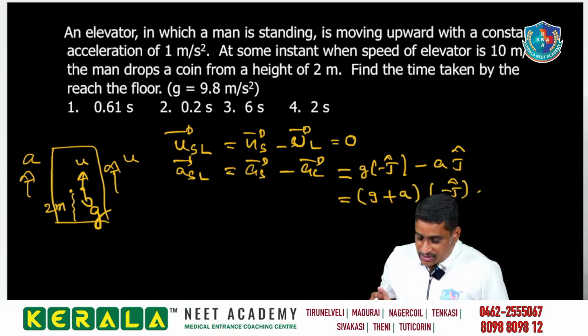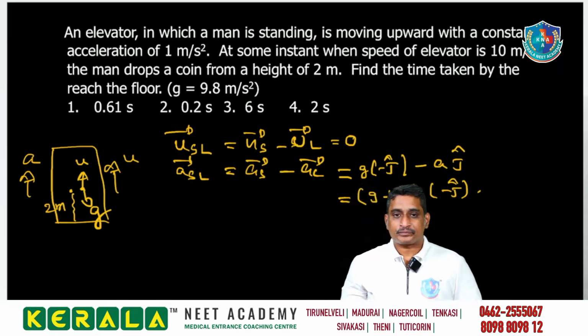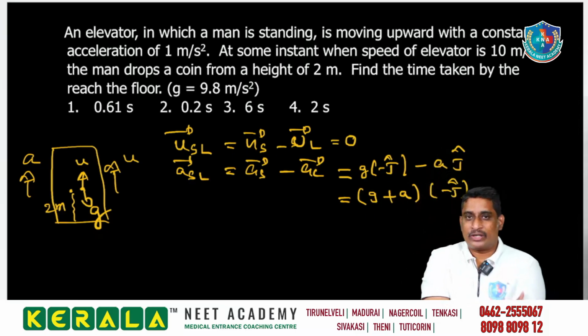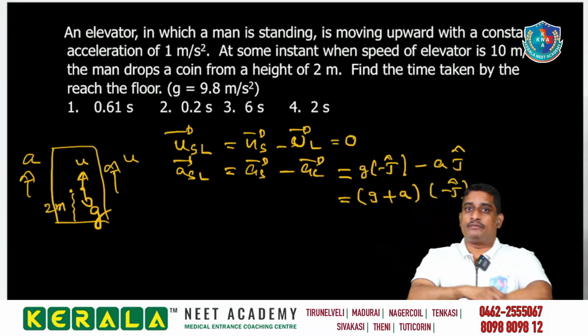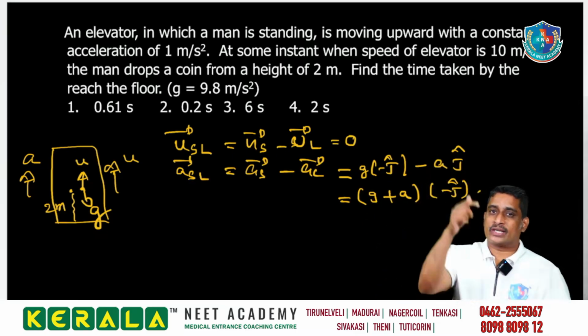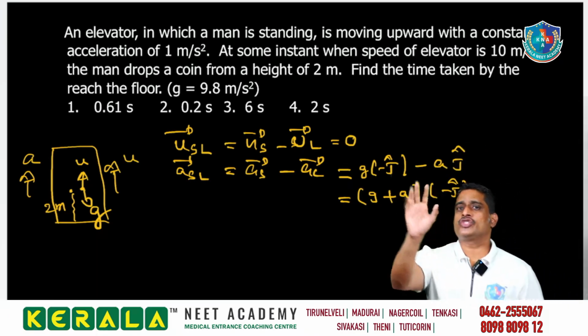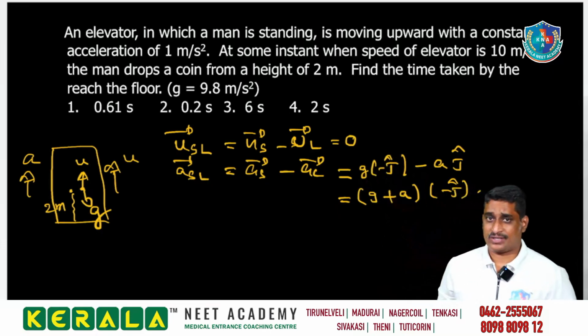See, look at this equation carefully, all of you. With respect to the lift, the velocity of the stone is equal to 0. And with respect to the lift, that stone is accelerating in the downward direction with an acceleration equal to g plus a. It is very clear from these equations.